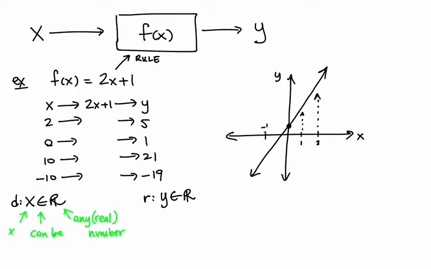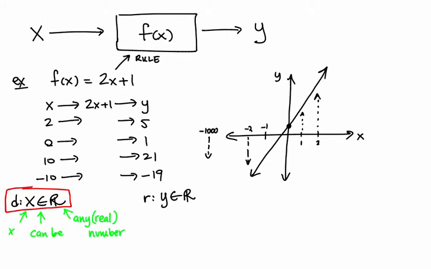How about some of the negatives? Can you extend this to negative 1,000 and get a value somewhere way down there? And you can. And so you can actually input any x value at all, and that's what this domain statement is saying. You can go ahead and input x to be any number at all.